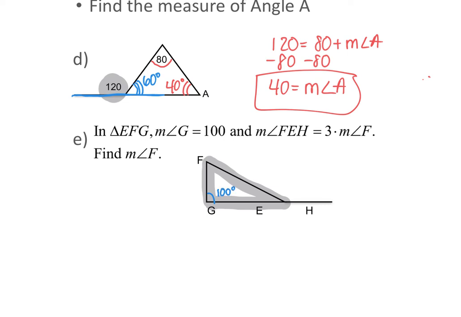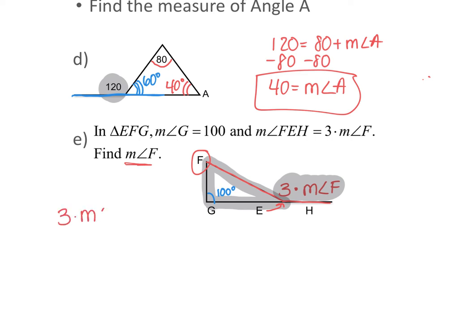And the measure of FEH, E is supposed to be right here, is 3 times the measure of angle F. So this is angle F. It says find the measure of angle F. Well, let's use the fact that this exterior angle, 3 times the measure of angle F, needs to be the 2 interior angles that are not next to it added together. So let's set up an equation like that.